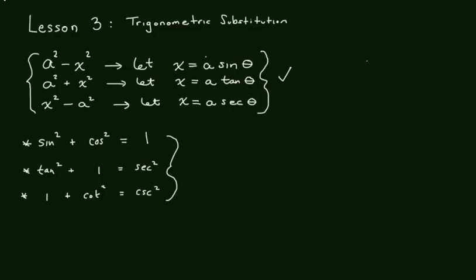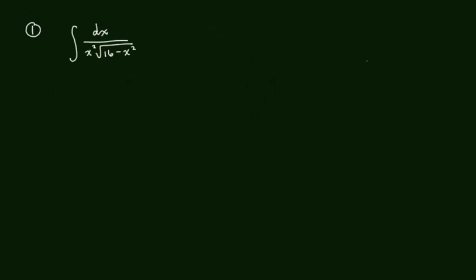And I'm going to give you 3 examples utilizing each of them. Here is example 1: the integral of 1 over x squared times the radical of 16 minus x squared. And by the way, this is my favorite of the types. I really enjoy it.